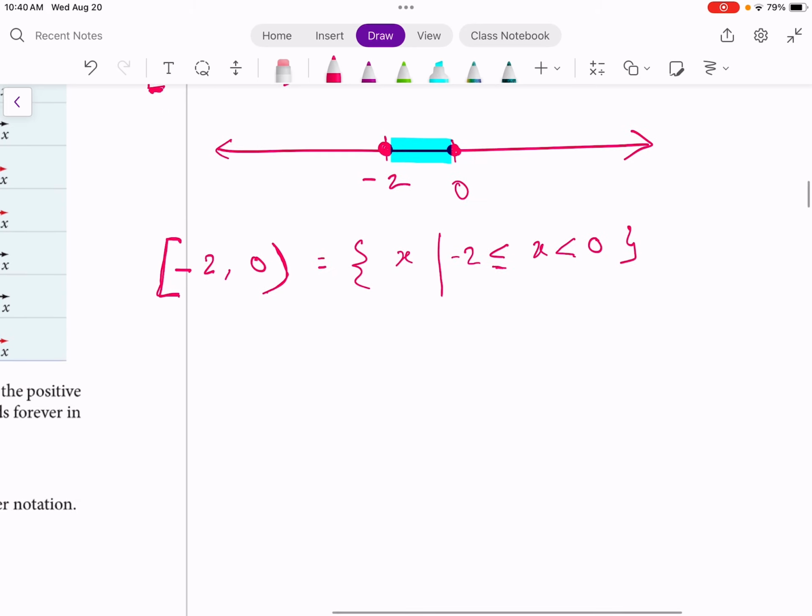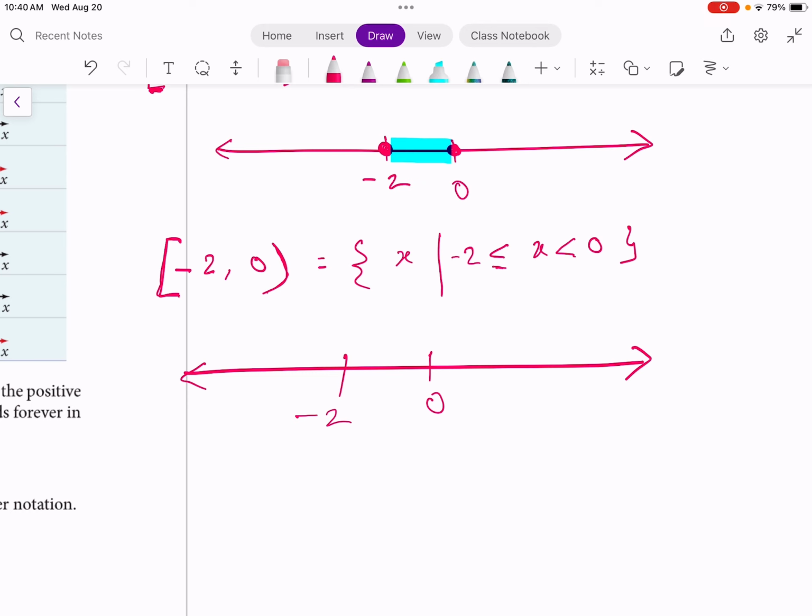Now for the graph, we have a 0 and a -2. With -2 we have a bracket, so we use a closed circle. With 0 we have a parenthesis, so an open circle, and every number in between -2 and 0. So this graph is for this set of numbers.